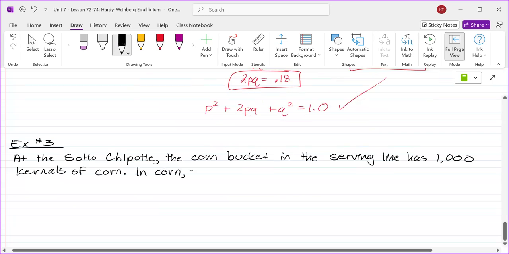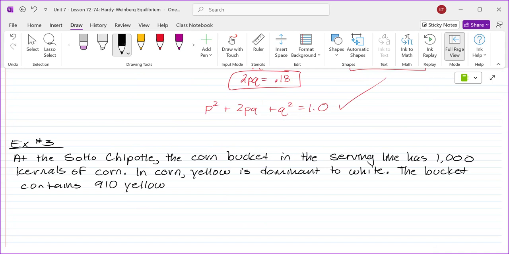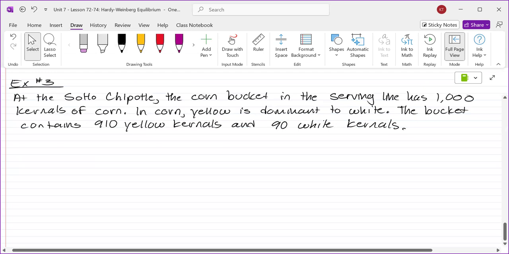In corn, yellow is dominant to white. The bucket contains 910 yellow kernels and 90 white kernels. I'll give you a moment to catch up before I start giving you your problems.